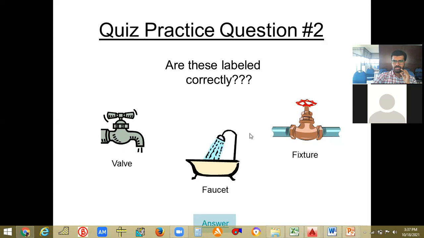So can you say what is this? First, second, and third one. You can just write it over there. Fixture, valve, faucet. No, it's not correct.